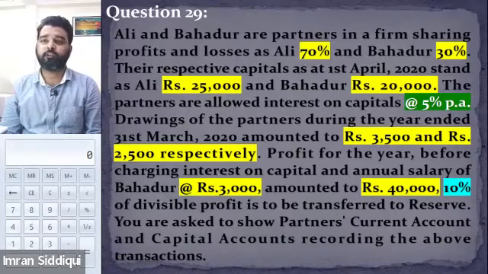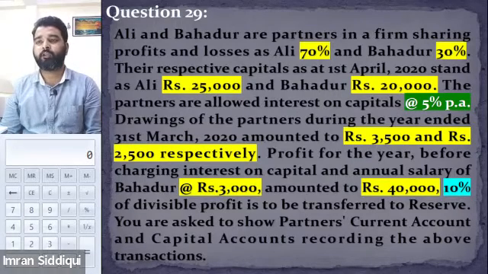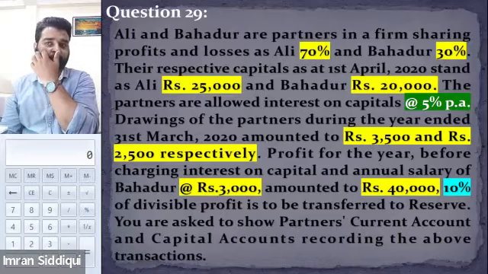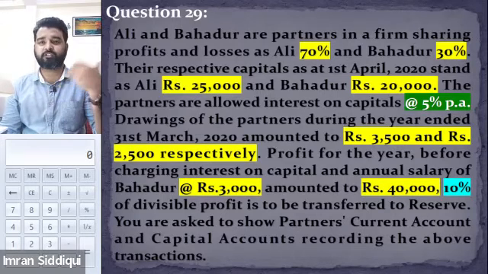Profit is also given. Profit for the year before charging interest on capital and annual salary, which is 3,000, amounts to 40,000. So the salary of Bahadur is 3,000, and before paying such salary and interest on capital, profit is given as 40,000.